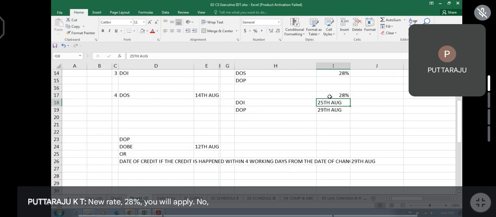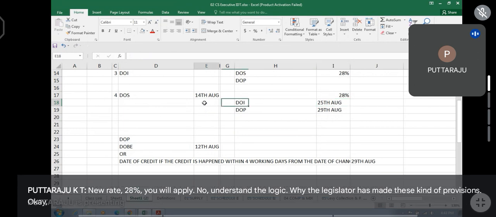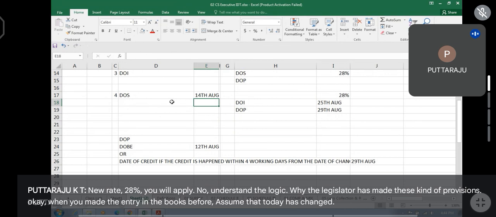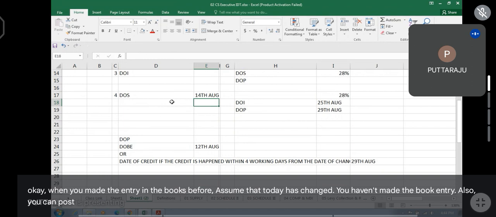Now understand the logic. Why has the legislator made these kinds of provisions? When you made the entry in the books, before, assume that today the rate has changed and you haven't made the book entry yet. You can post-date your entries, right?